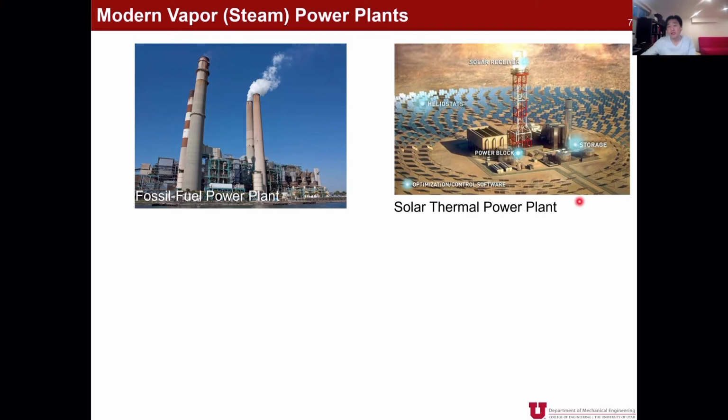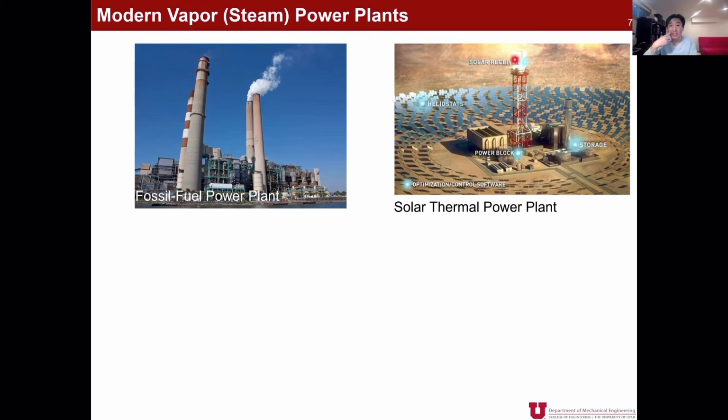These mirrors reflect solar light to one point on top of that tower. Usually the concentration ratio is several hundred or even thousand. That solar concentration is so intense that it can even melt salt.